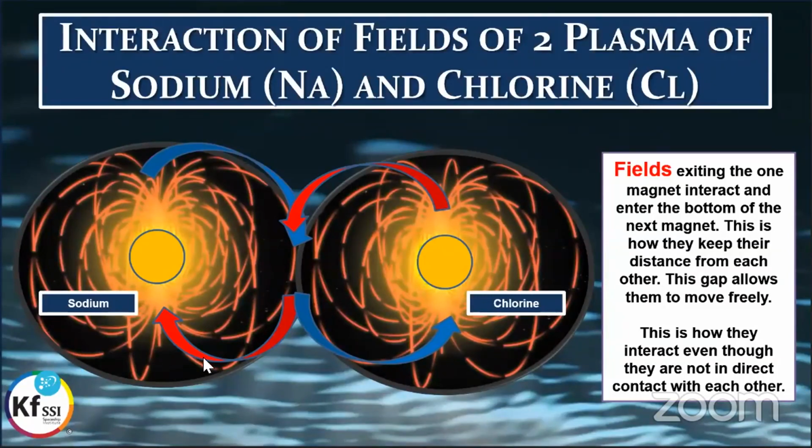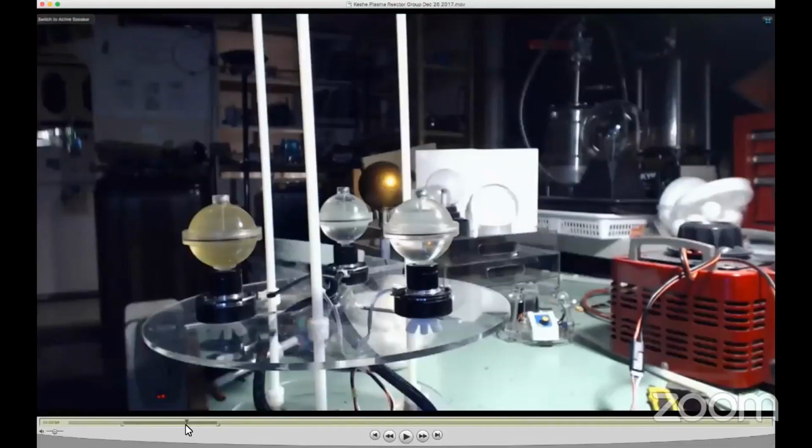Okay, let me just get it shared here. Okay, I think I'm good to go. Let me share the screen. Okay, I'll just begin. Let me set it up. You see the 3 reactors that are shown on the screen here. They're rotating.